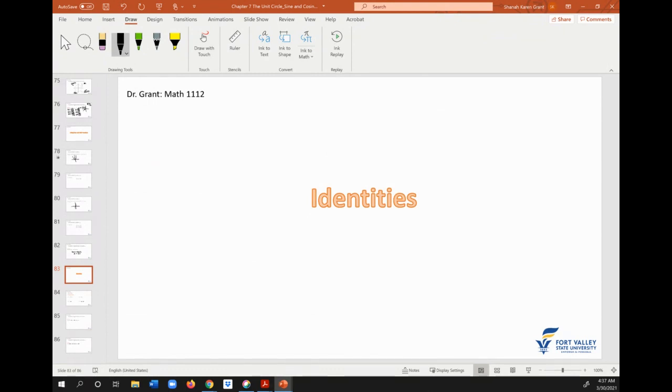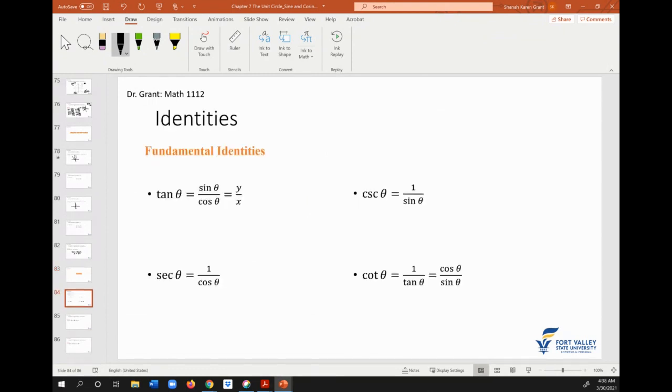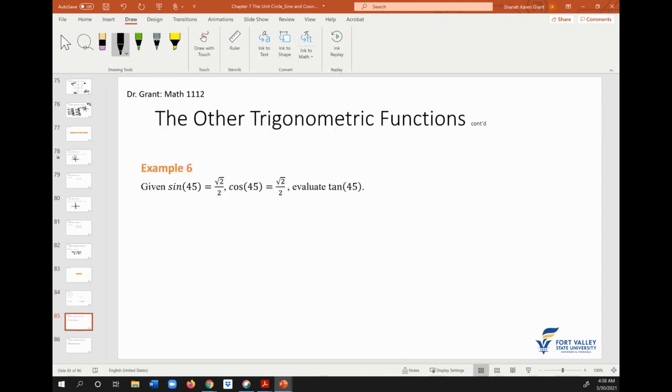So there are some identities that are very important for us to know. Of course, we kind of discussed this earlier. For tan, it's going to be sine theta over cosine theta. For secant, it's 1 over cosine theta. For cosecant, 1 over sine theta. And cotangent is 1 over tan theta, which is also cosine over sine. All right, so for instance, let's say we're given that sine of 45 is root 2 over 2.